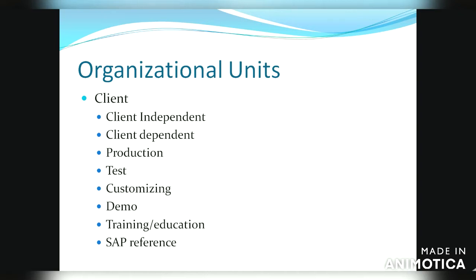the SAP S/4HANA. Now if we understand more about the client, here client is an organizational unit and legal entity at the top of the organizational unit hierarchy. It will be at the top, client. Organizational, master and transactional data are maintained on client level.